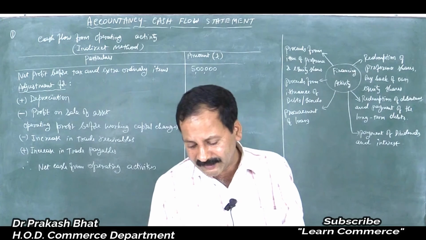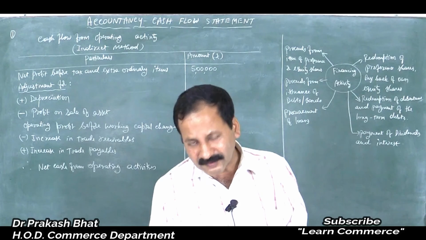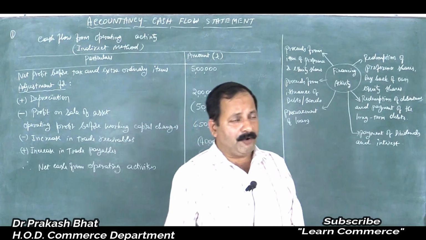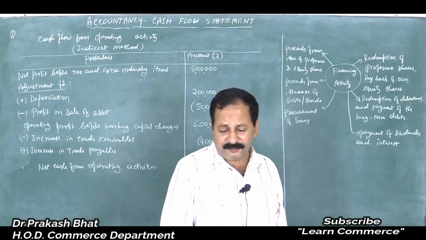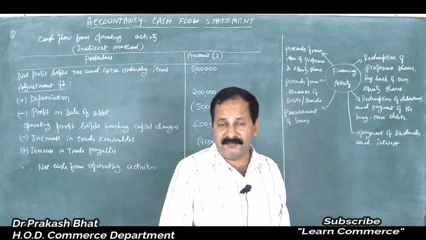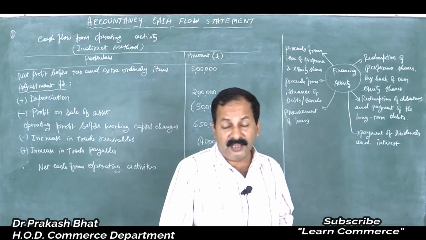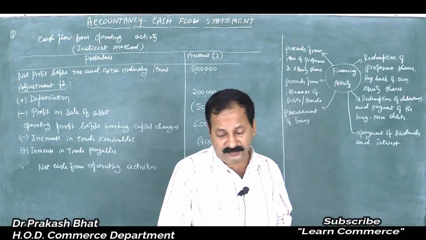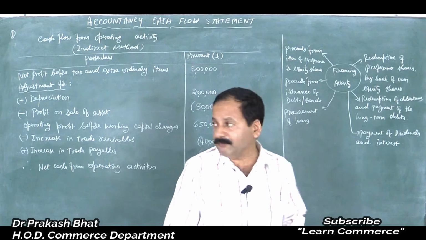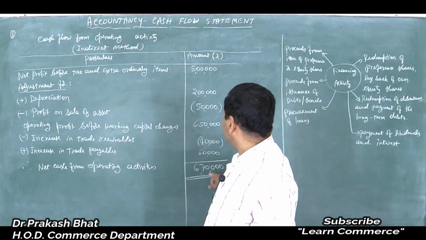They have bifurcated it into financing activities and investing activities, separate problems, because in a board exam you will not be asked with all the 3 activities, since then allotment of marks will be a problem, because for each point you will get 1 mark here.